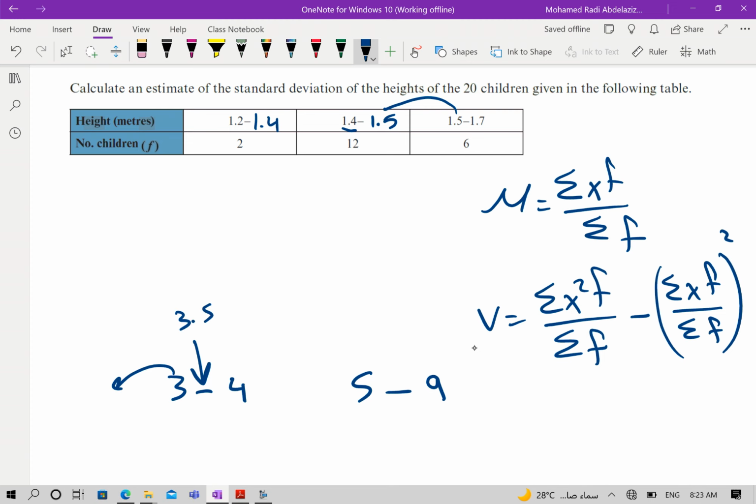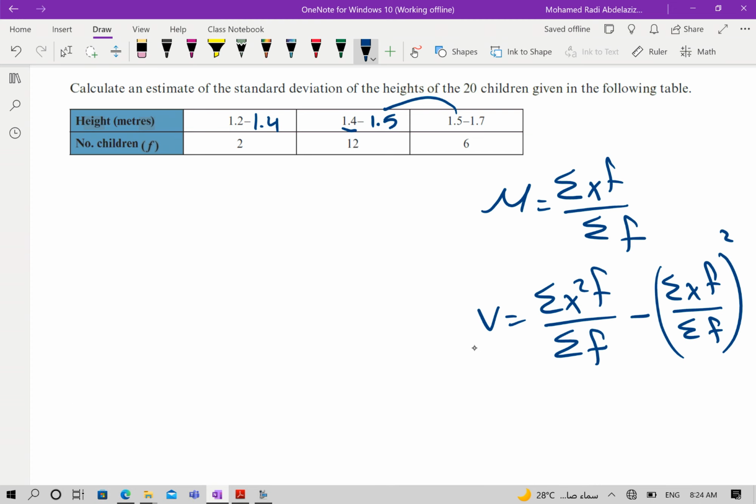If you subtract 0.5 to start with 2.5 and add 0.5 to 4 to be 4.5, what is the mid interval of 2.5 and 4.5? Same. Okay, so no need to get the upper and lower. But for cumulative frequency and for histogram, you need them. For the median and the mean, we'll get the same answer.